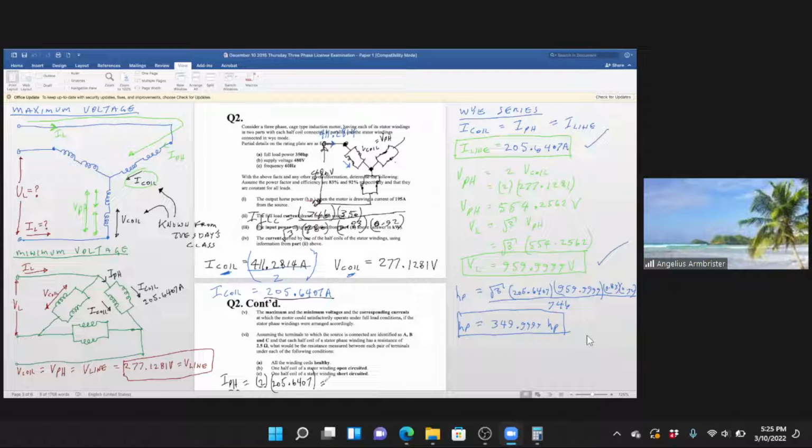And that's equal to, let me do that, 205.6407 times 2. That's 411. Oh, that's the opposite of that. That's 411. Oops. That is 411.2814.